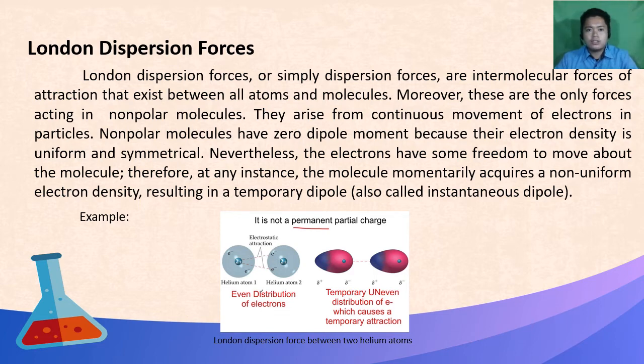Nonpolar molecules have zero dipole moment because their electron density is uniform and symmetrical. Nevertheless, the electrons have some freedom to move about the molecule. Therefore, at any instance, the molecule momentarily acquires a non-uniform electron density, resulting in a temporary dipole, also called an instantaneous dipole.